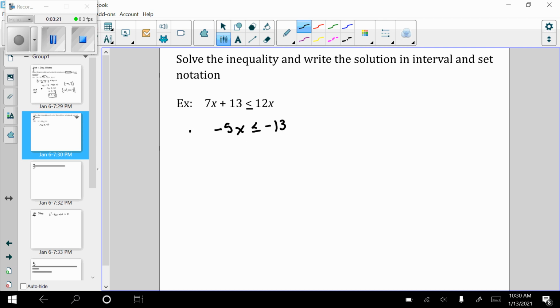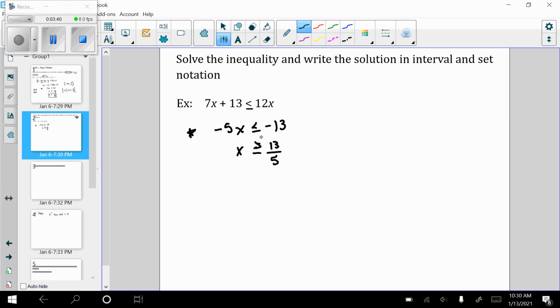So now again, I need to remember to flip my sign, so I get x greater than or equal to 13/5. Remember, you can always choose a value in the solution set and plug it back into the original problem to make sure your solution set is correct.